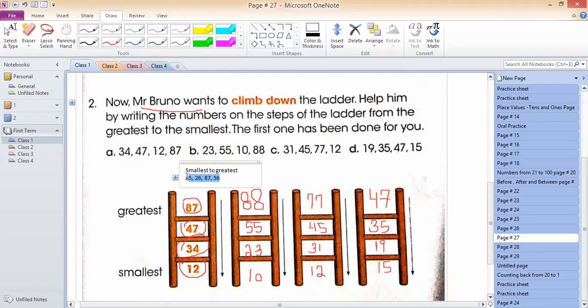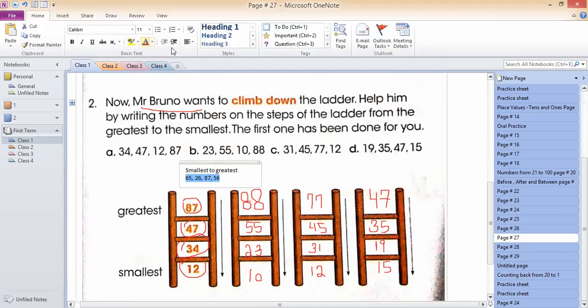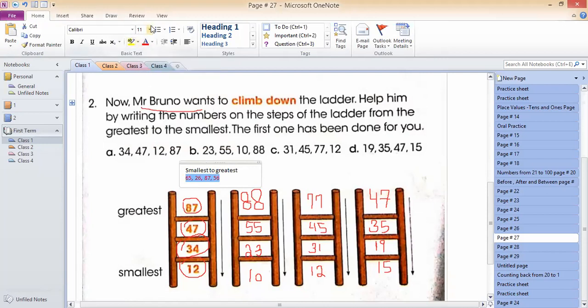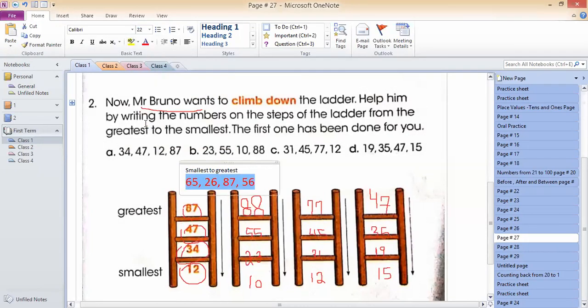Arrange these numbers from smallest to greatest. You don't need to write it, guys, just tell me the answer. The numbers are 65, 26, 87 and 56. Arrange it from smallest to greatest.